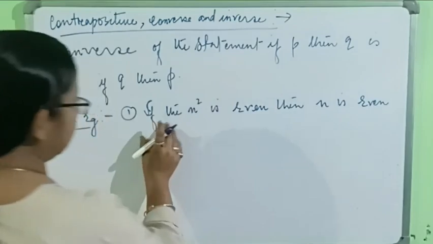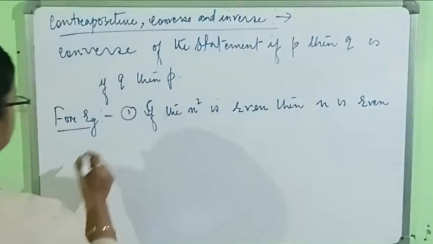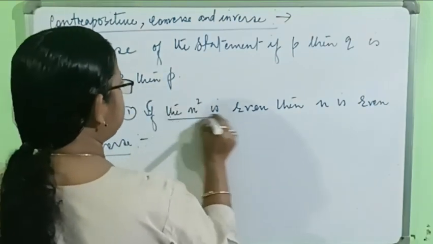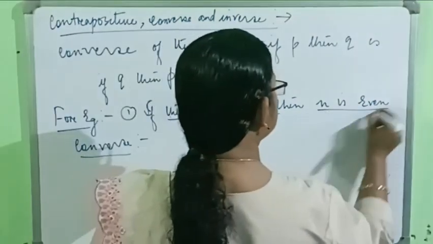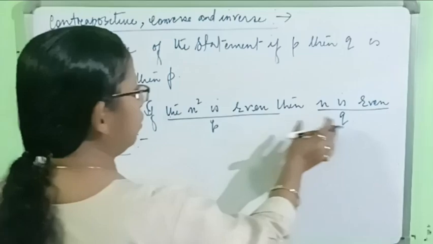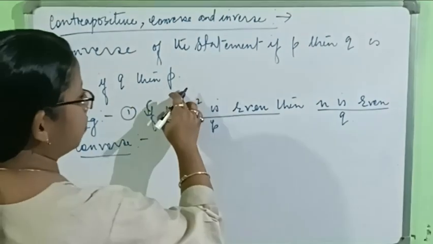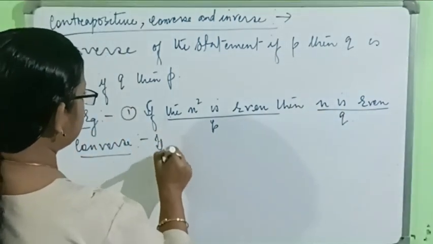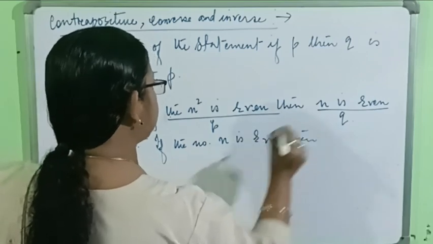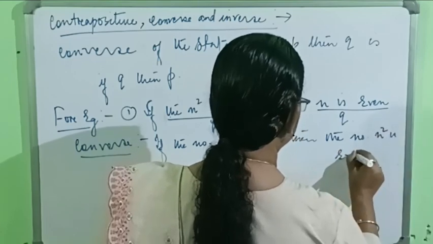Here, the number n square is even is P, and n is even is Q. So the converse of this will be, if Q then P: if the number n is even, then the number n square is even.